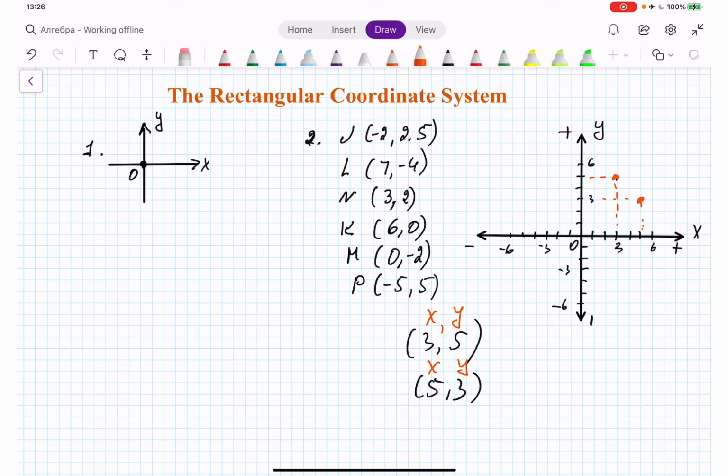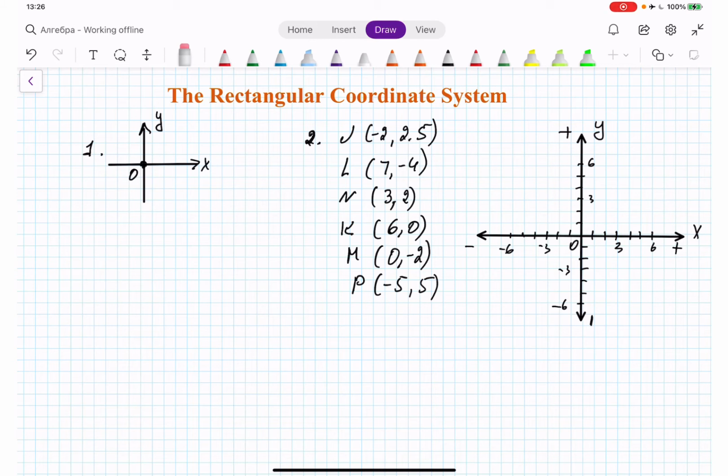See, it moved somewhere else, a completely different place. Imagine when UPS is delivering, sometimes, instead of delivering to one house, they deliver to another house because they messed up the address. Same way here. So we need to remember, the first term is always x, the second term is always y.